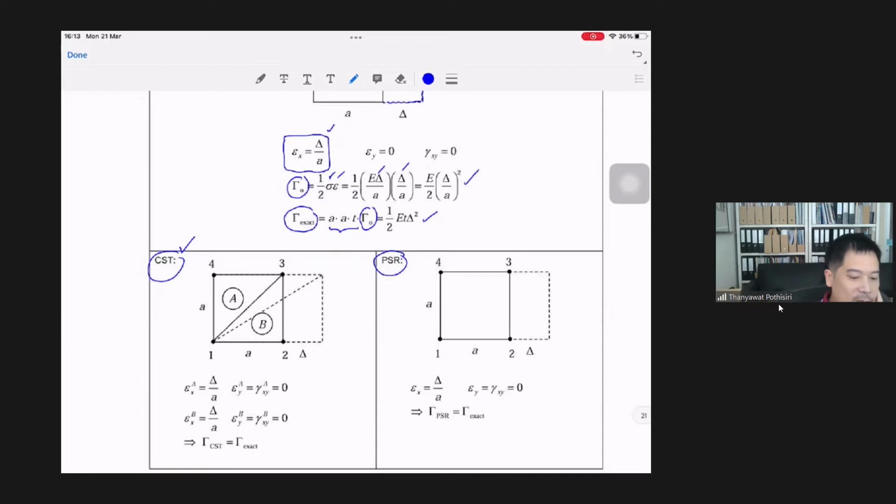For the first one, the CST element model, you can compute the epsilon x for each element, right? For example, for element A, again, how do we compute epsilon for element A?